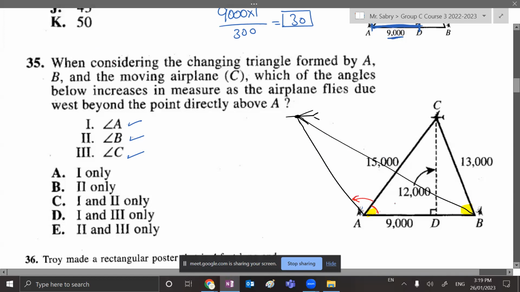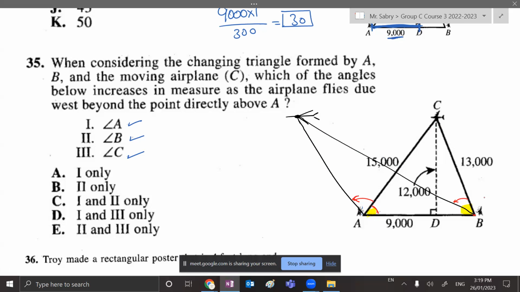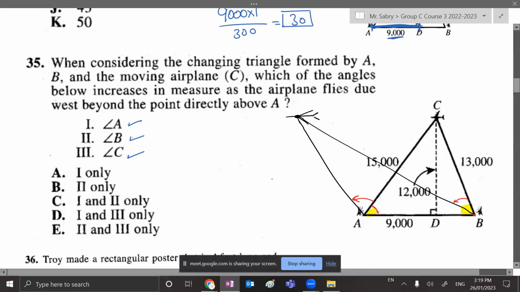The same increase that happened here is the same decrease that happened here as well. So whatever change happened to B is the same change that happened in A as well. The only angle that will always remain the same measure is this angle here, C. This will always remain the same.